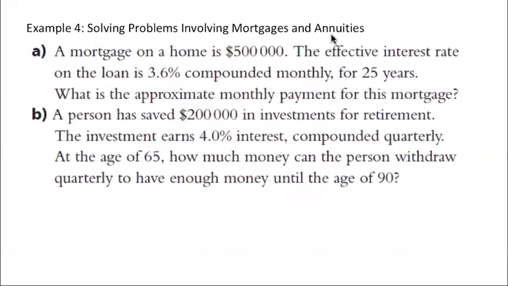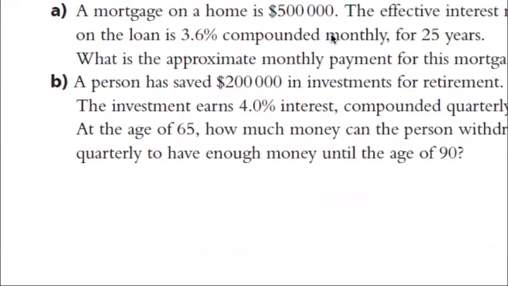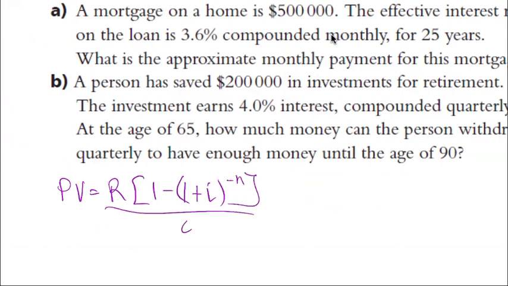So let's fill in our formula. PV equals R, bracket, 1 minus 1 plus i to the minus n over i. What do we need to figure out? Well, we need to figure out i. That's 3.6 over 100, which is 0.036.